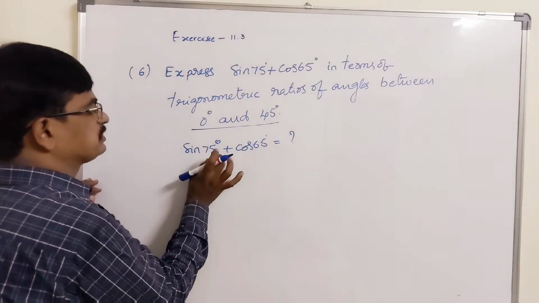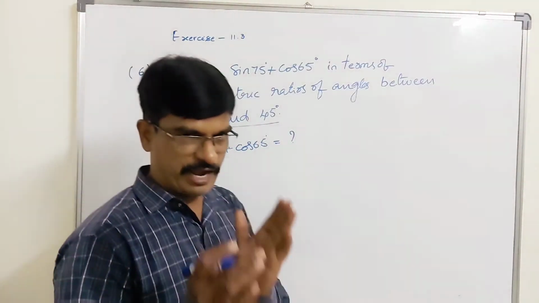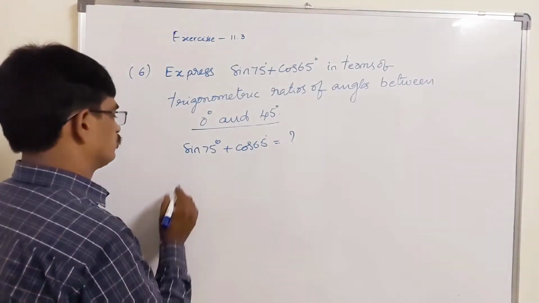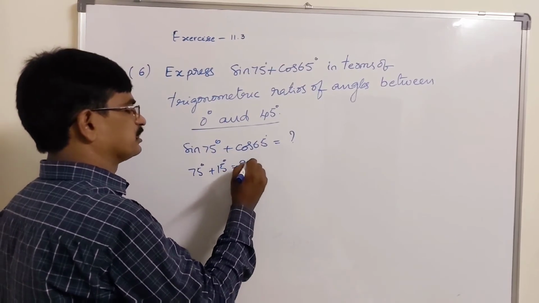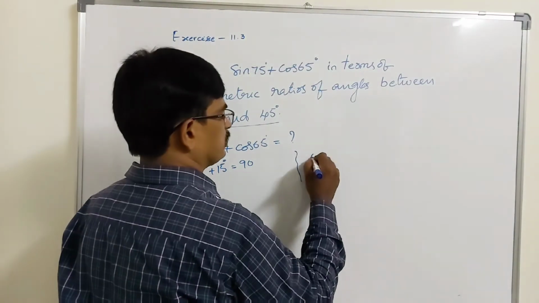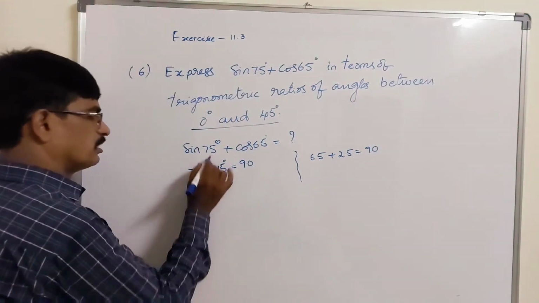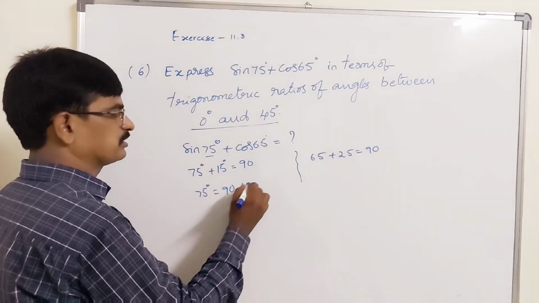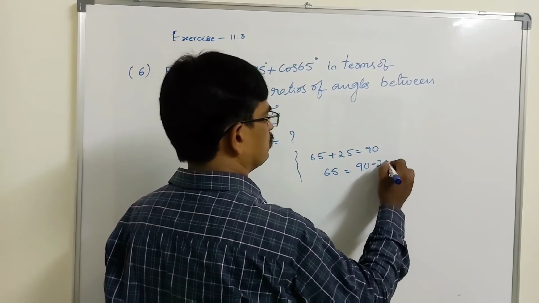So we have to replace 75 degrees and 65 degrees by angles whose magnitude lies between 0 and 45 degrees. So 75 plus 15 is equal to 90, and 65 plus 25 is equal to 90 degrees. Here 75 degrees is equal to 90 minus 15, and 65 is equal to 90 minus 25.